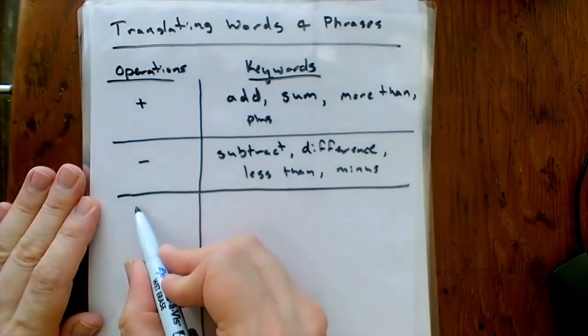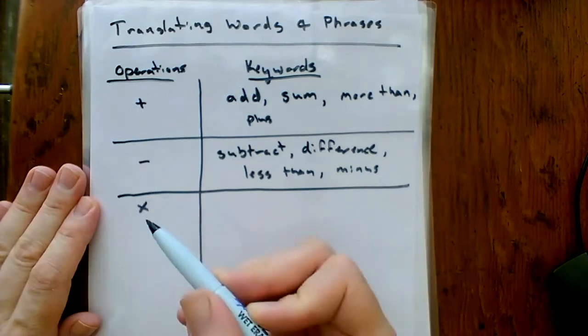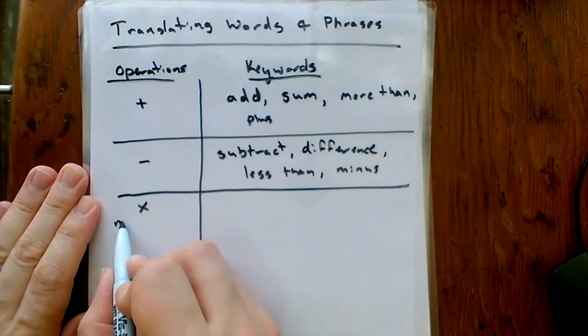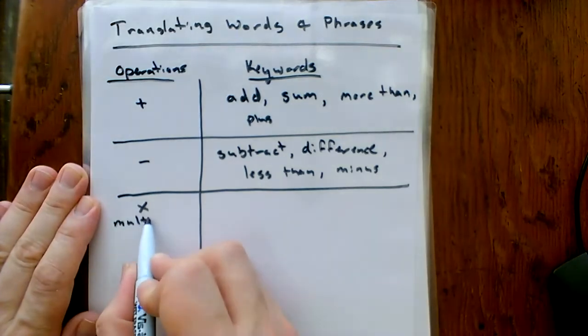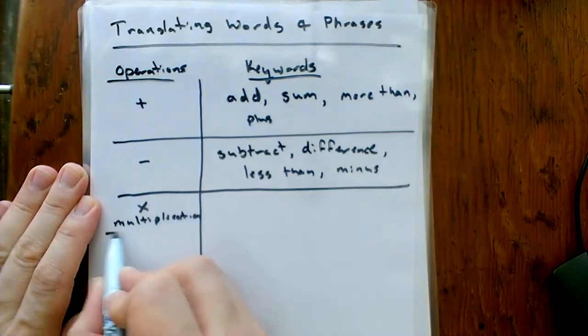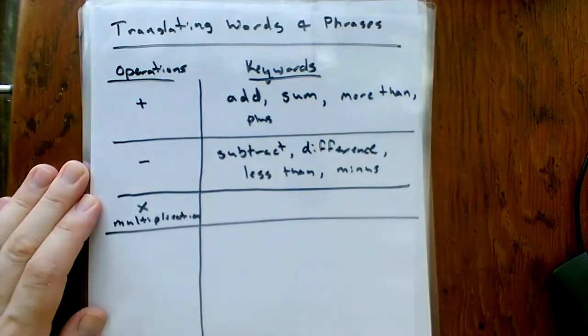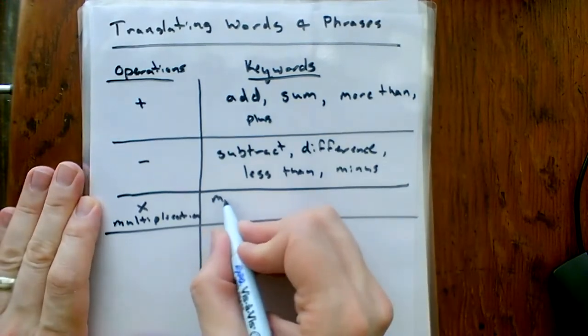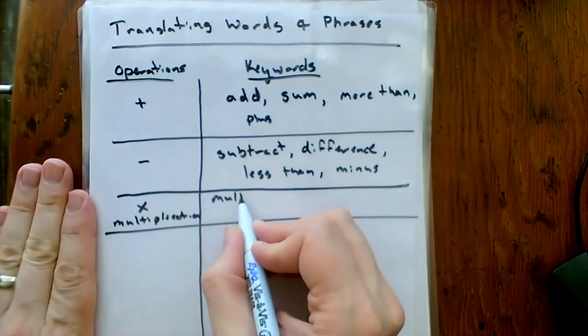Next, I'm going to do, and I don't usually use this when we're talking in algebra, but for a lot of folks, this is what they think of when they think of multiplication. So multiplication, well, actually I shouldn't have put that line there just yet. I'm going to be crowded because we got a lot of things here. We can talk about multiply.